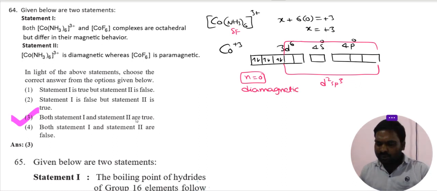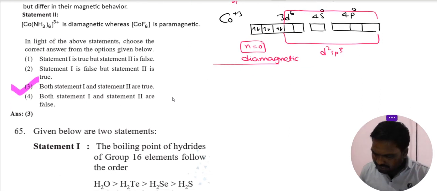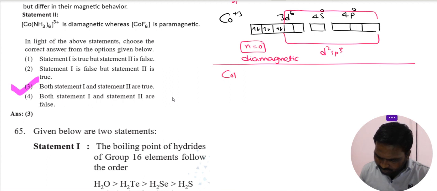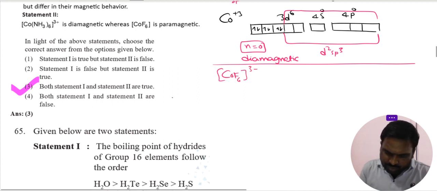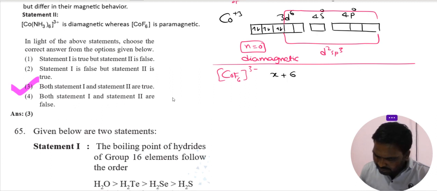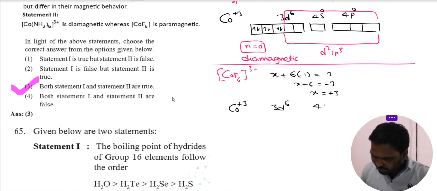Now coming to [CoF6]3-. Cobalt x plus 6 into minus 1 is equal to minus 3, so x minus 6 equals minus 3, x equals plus 3. Again cobalt is in the plus 3 state, so again a 3d6 system, 3d6 4s0 4p0.